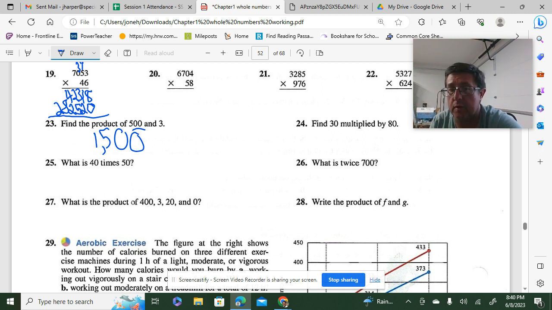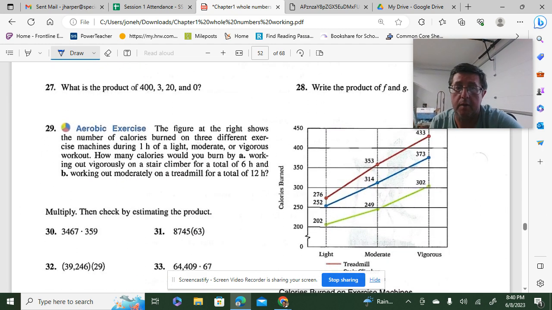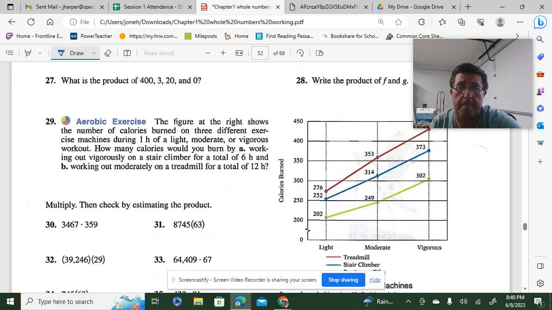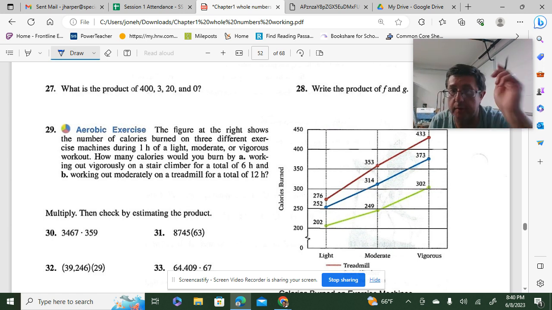So find 30 multiplied by 80. So you would just go multiplied. So you would multiply. So the figure at the right shows the number of calories burned on 3 different exercise machines during 1 hour of light, moderate, or vigorous workout.